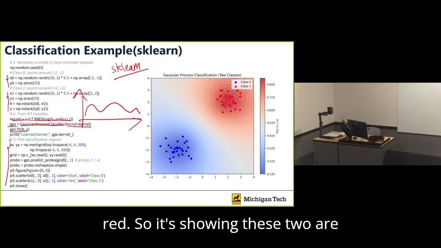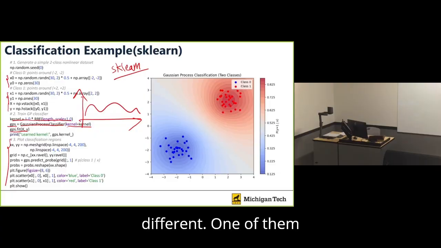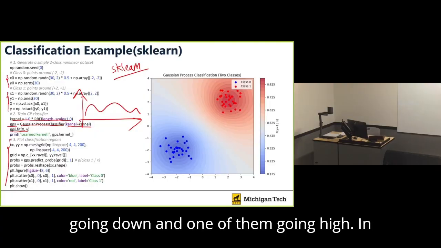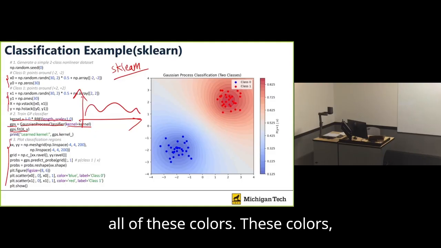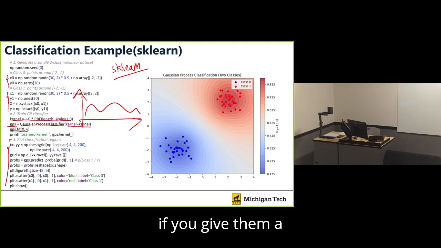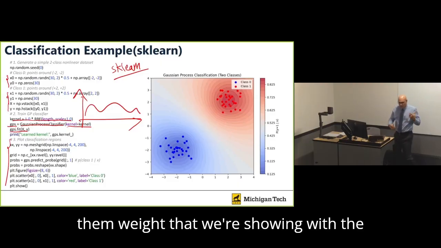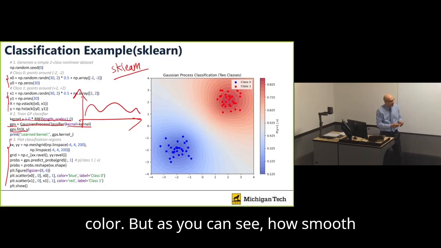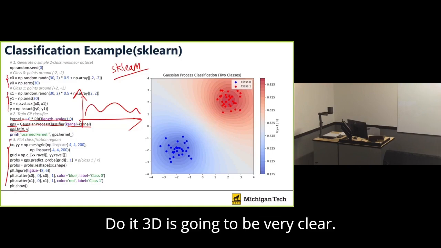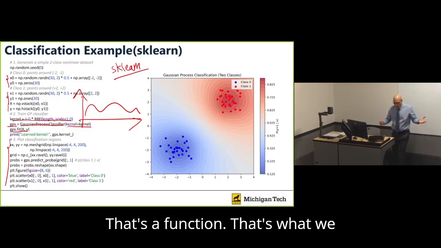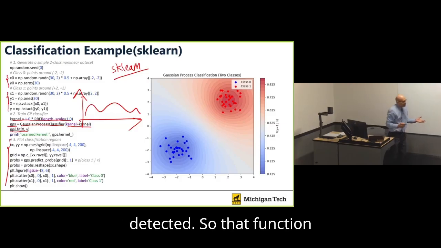So it's showing these two are different. One of them is going down and one of them is going high. In 3D, you can see that the function is all of these colors. Right now I gave them weight, showing it with color, but as you can see, how smooth this color is. It's like a hill. When you do it in 3D, it's going to be very clear. That's a function. That's what we detected.